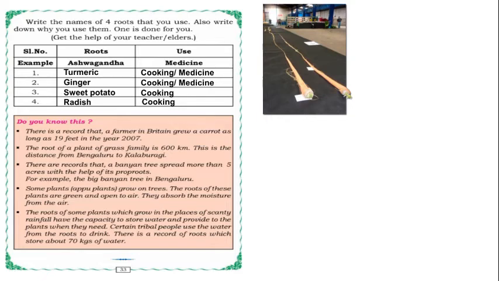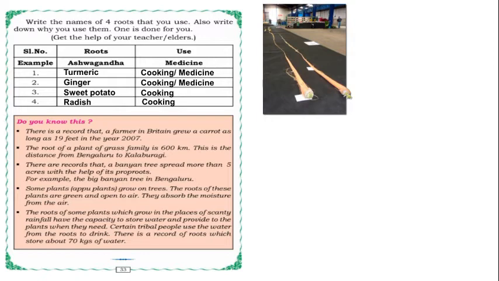And next, the root of a plant of the grass family is 600 kilometers. This is the distance from Bangalore to Kalburgi. So one type of grass is there whose root spreads up to 600 kilometers.